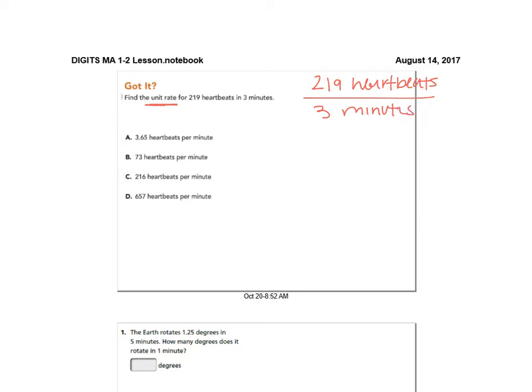So, this is not a unit rate. This is just a rate. We need to find our unit rate. So, we need our new fraction to be over 1 minute. We always take whatever's already at the bottom of our fraction and we need to turn it into a 1.